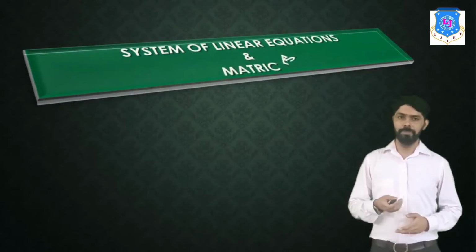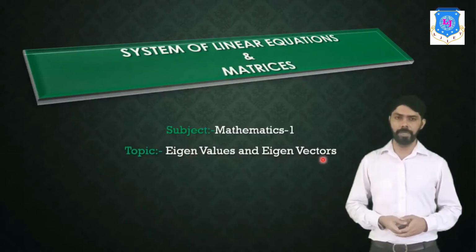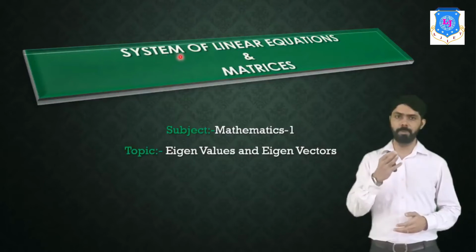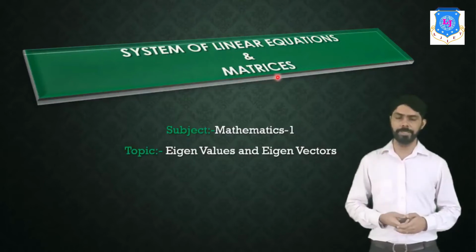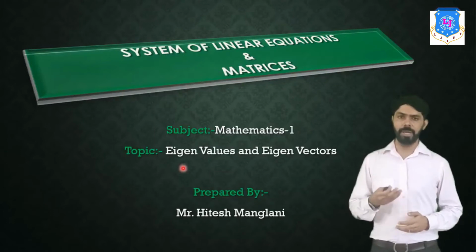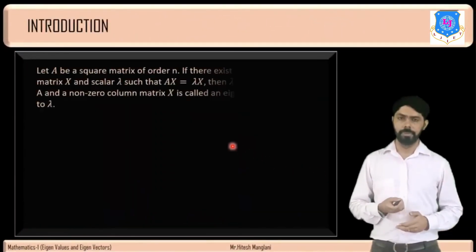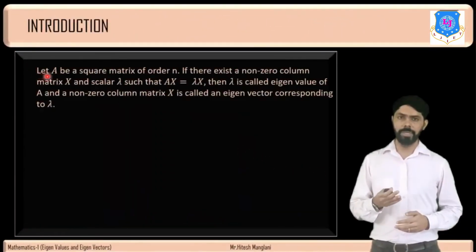So today we will discuss the topic that is eigenvalues and eigenvectors of the chapter System of Linear Equations and Matrices. So first of all, we will discuss what is eigenvalue and eigenvector. So let A be a square matrix of order n.